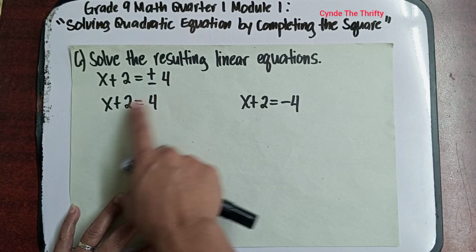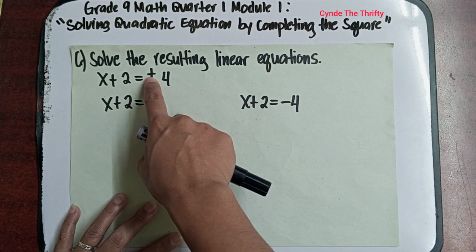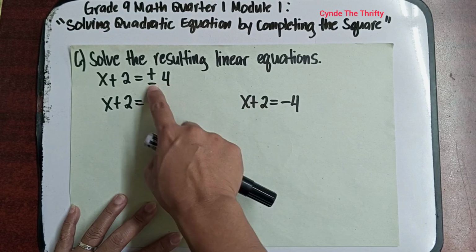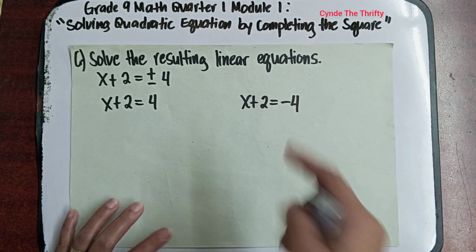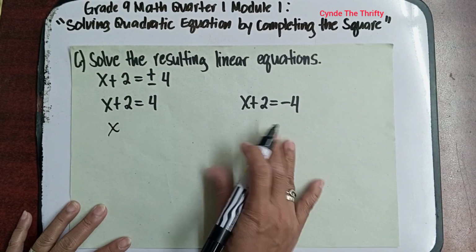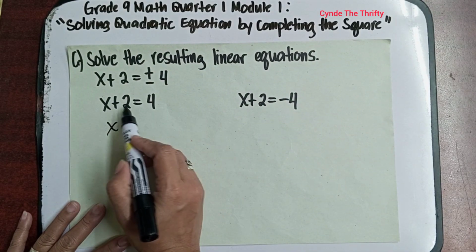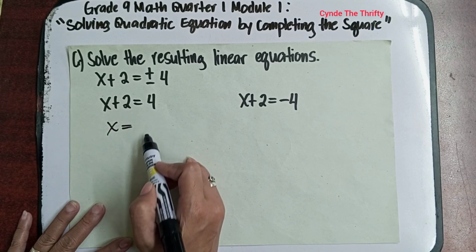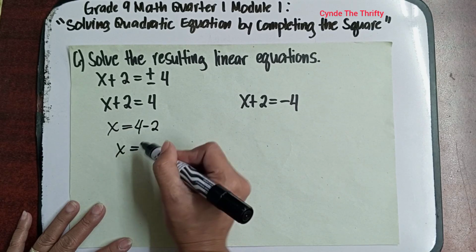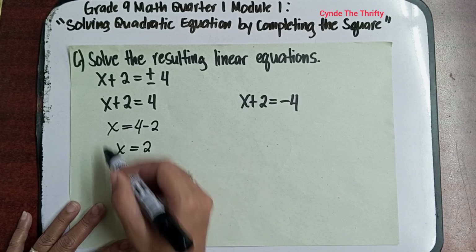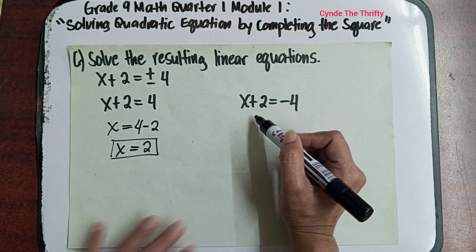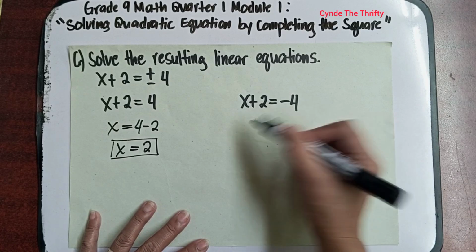So, ang first natin is x plus 2, kukunin natin si positive 4. And then, ang pangalawa is x plus 2 si negative 4. So, x is equal to, ilipat lang natin itong constant natin sa kabila. So, 4 minus 2. X is equal to 2. So, ang first value ng ating x is equal to 2. Dito naman tayo sa x plus 2 minus 4.